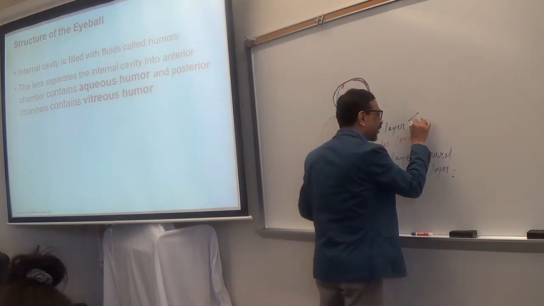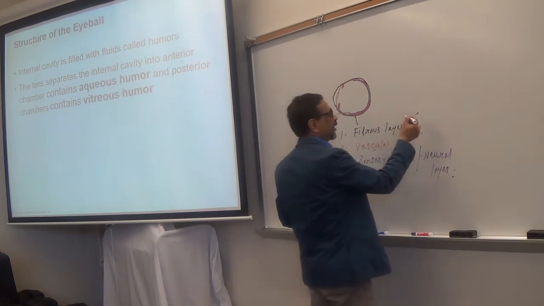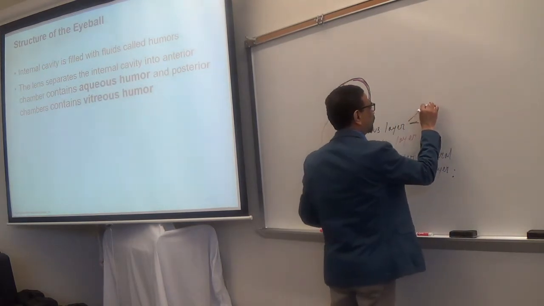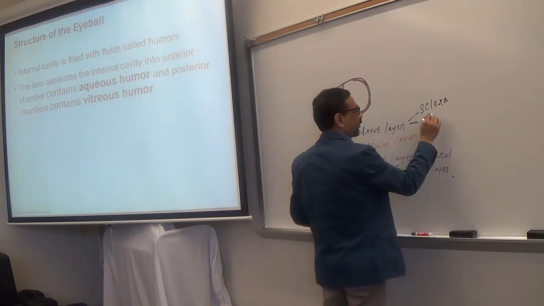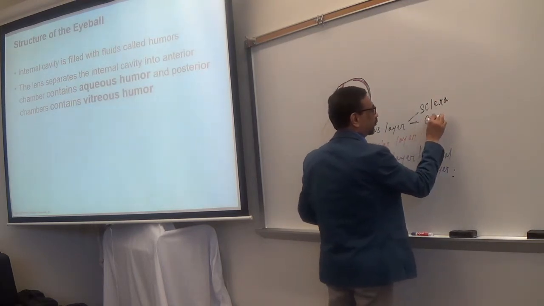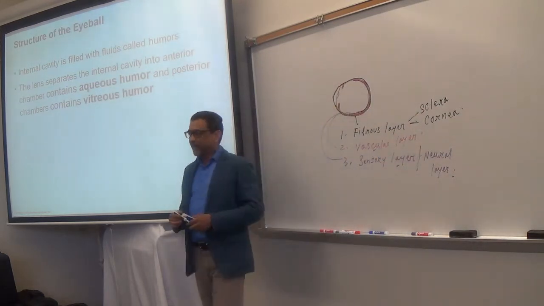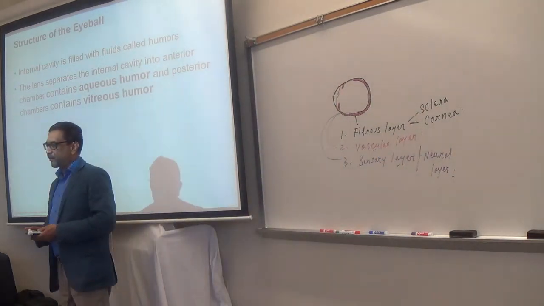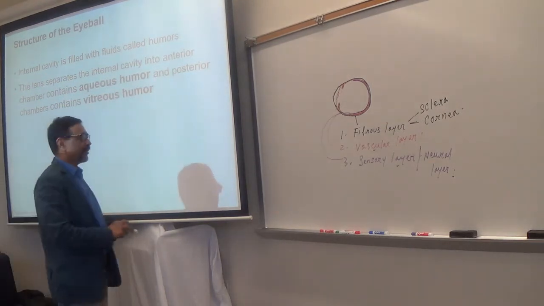And this layer forms two structures, sclera and cornea. Okay, so sclera and cornea are the parts of the fibrous layer.